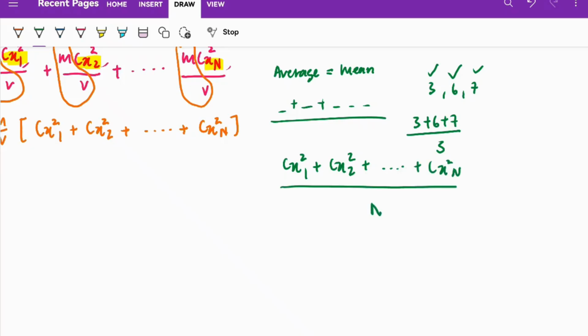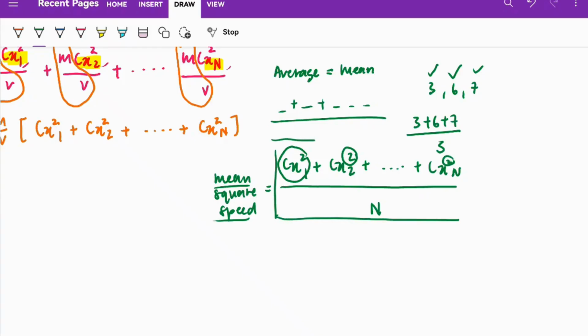This will be your mean square speed. Am I right? Why is it not mean speed but mean square speed? Because the speed has a square. You realize? So you divide by the number of molecules, and you'll get your mean.